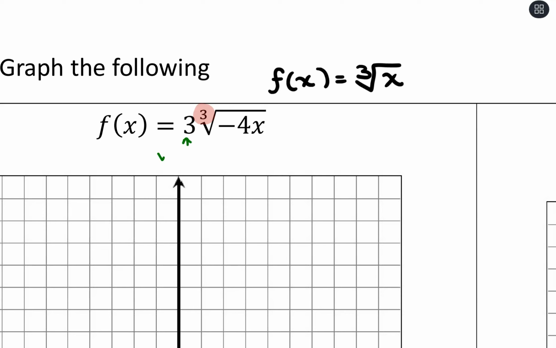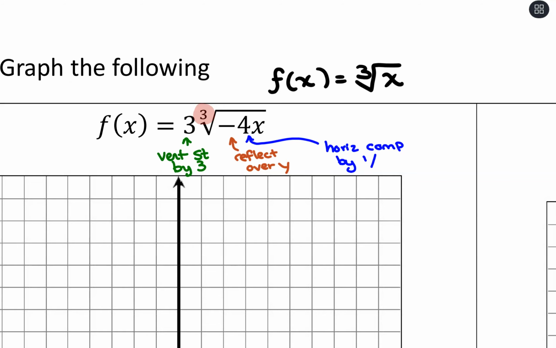With that 3 out front, we have a vertical stretch by 3. With that negative in there, we are going to reflect over the y-axis. And then with that 4 right there, we have a horizontal compression by 1/4.